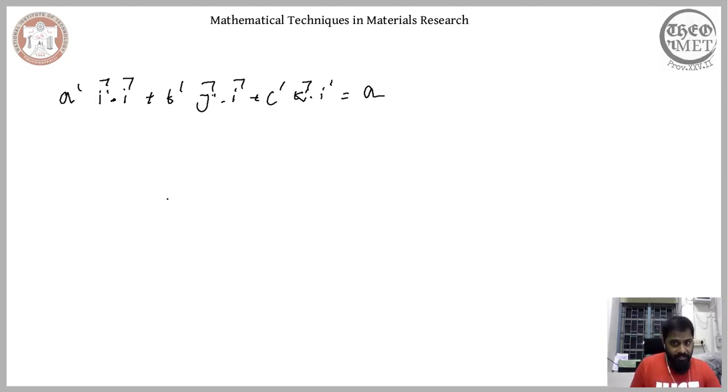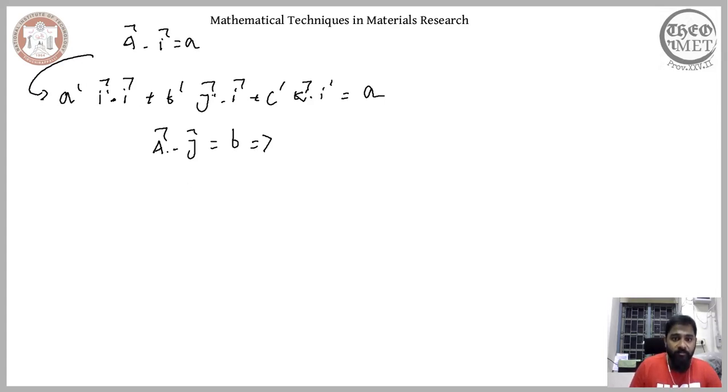Now I can do the same for my other bases as well, meaning I can take the dot product of the A vector with the J vector, which will give me my B. So initially I took the dot product of the A vector and the I vector, that gave me A, and this ended up giving me this relation here.